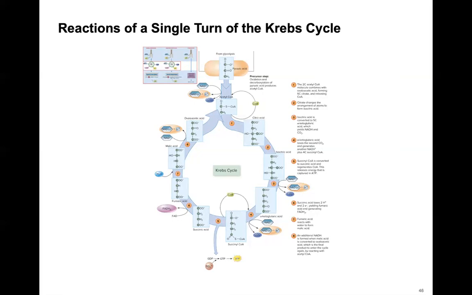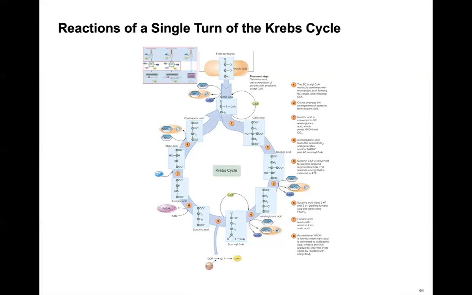In step 3, isocitric acid is converted to a 5-carbon molecule, so we're going to lose another carbon here, called alpha-ketoglutarate, which yields an NADH molecule and a CO2 molecule. Step 3 here is a decarboxylation reaction. It's actually the first decarboxylation reaction of the TCA cycle.